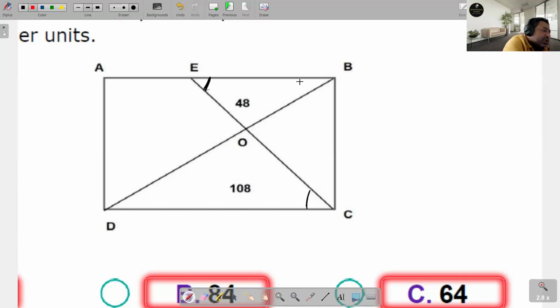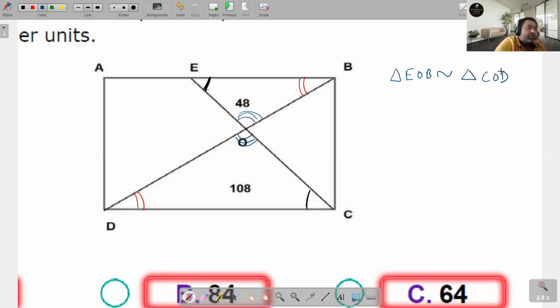And similarly, this angle over here is going to be equal to this angle. And these two are vertically opposite angles. Therefore, by AAA, triangle EOB is similar to triangle COD.